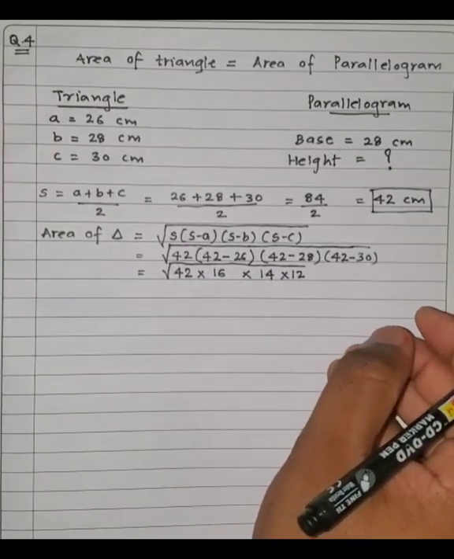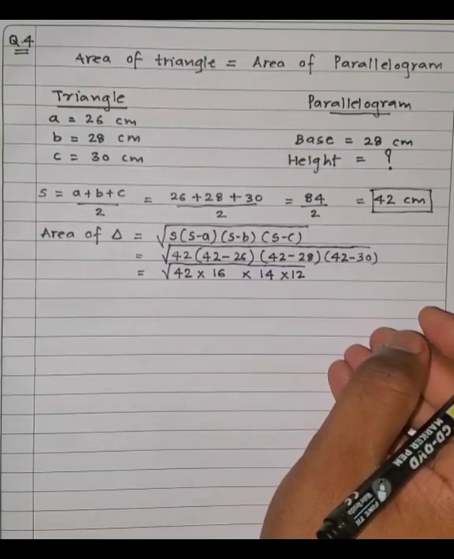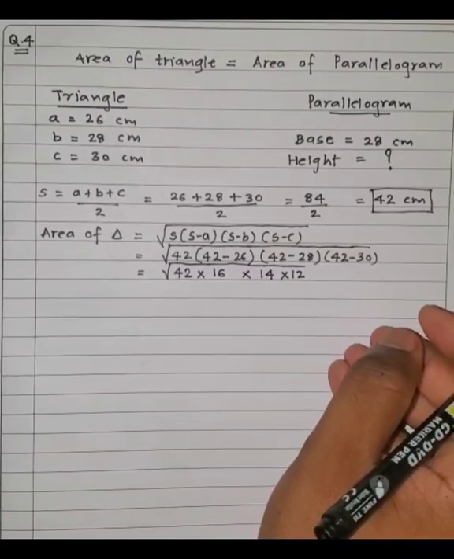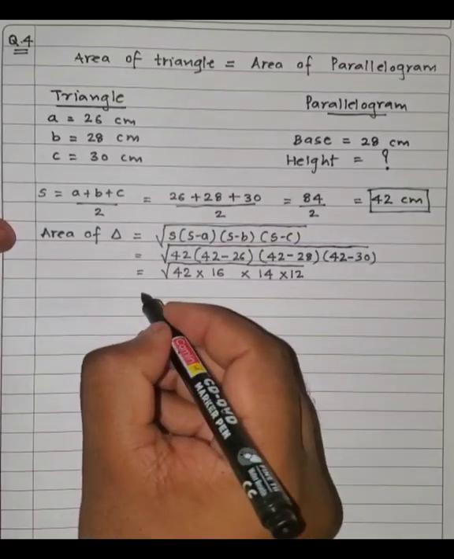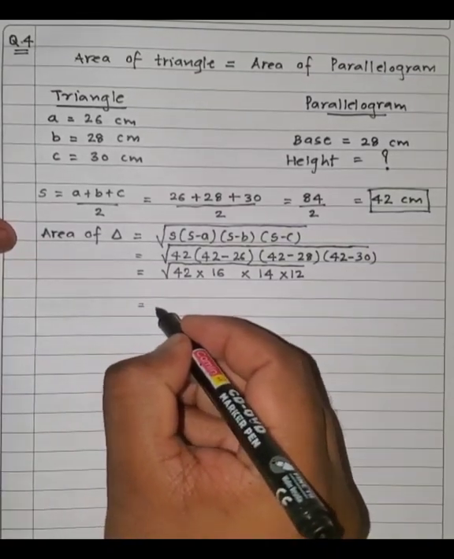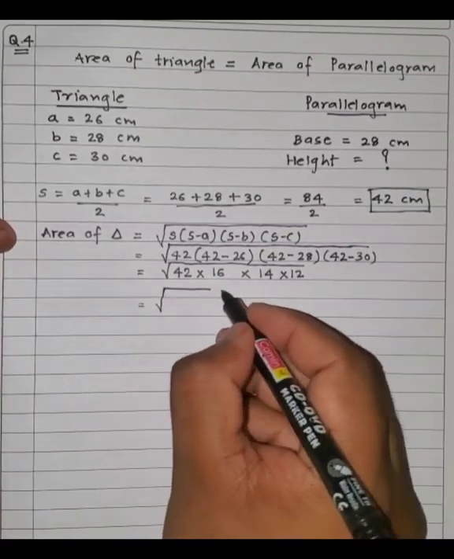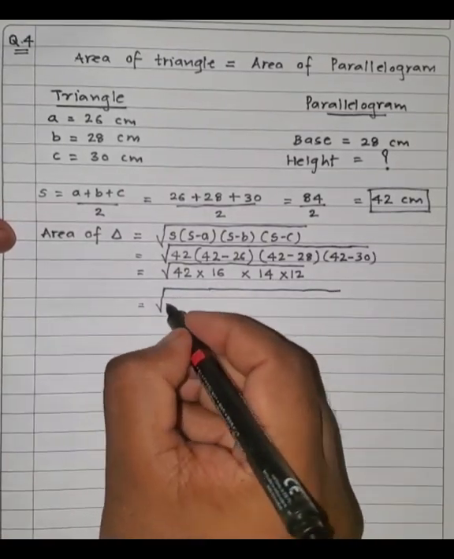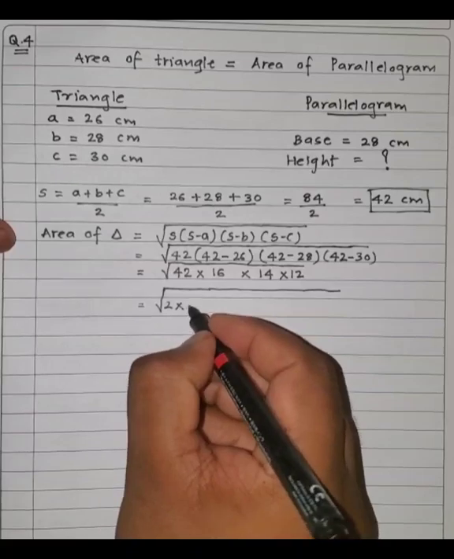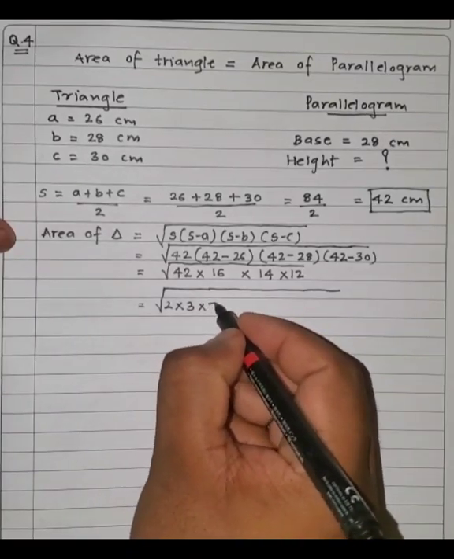Now, as we did with the previous sums, the next step would be to find the prime factorization of these numbers. Let's do that. 42 can be written, when you prime factorize, as 2 into 3 into 7.